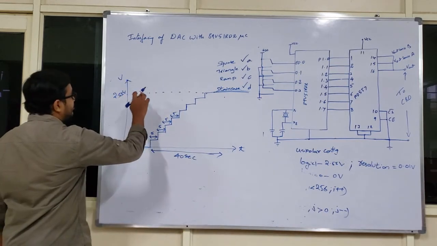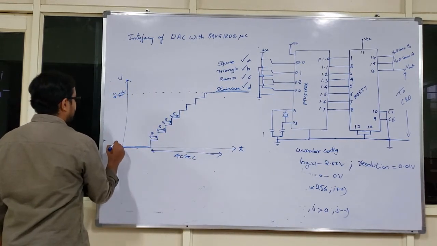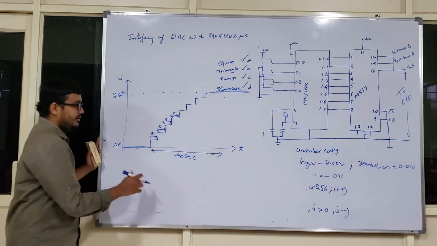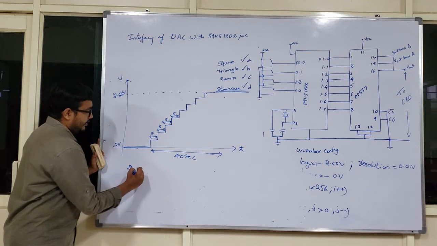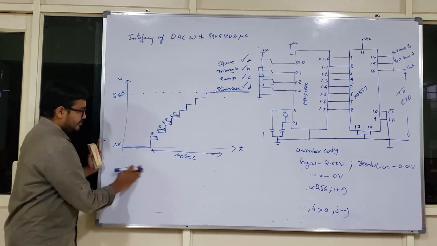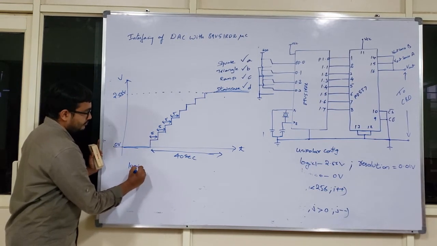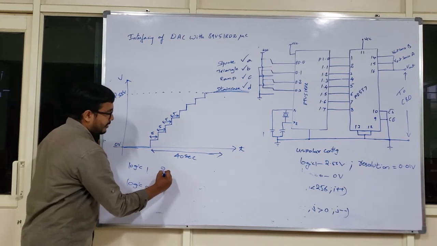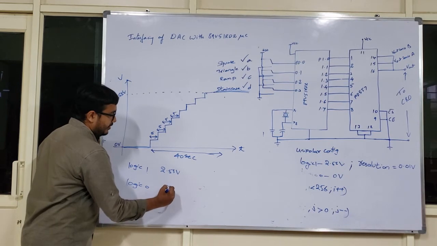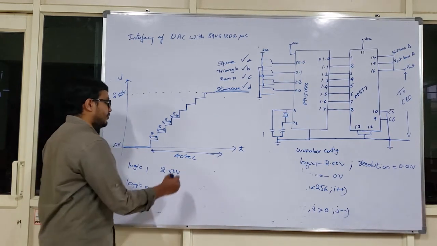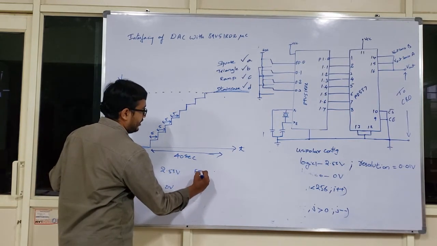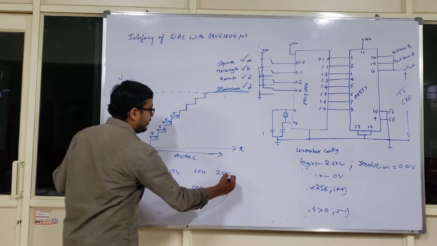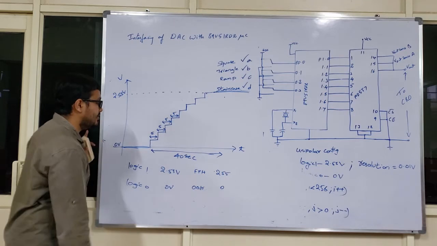Let us discuss this in terms of logic 1 and logic 0. Logic 1 and this will be logic 0. In terms of voltages, it will be 2.55 volts and 0 volts. In terms of hexadecimal value, it will be FFH. In terms of decimal value, it will be 255 and decimal 0.